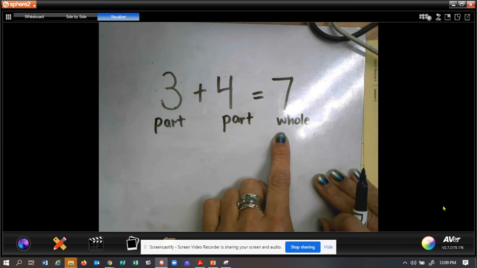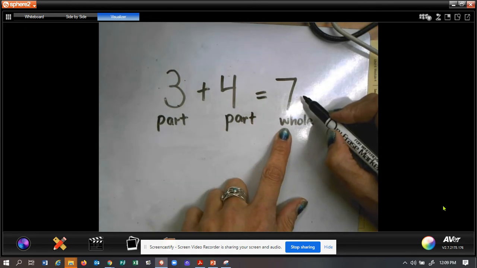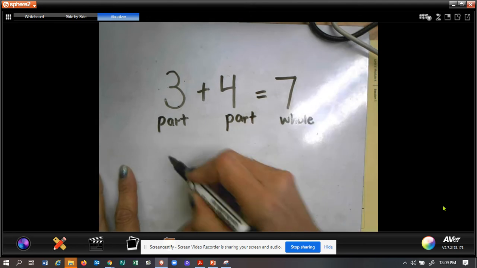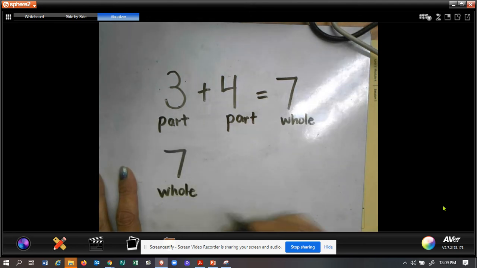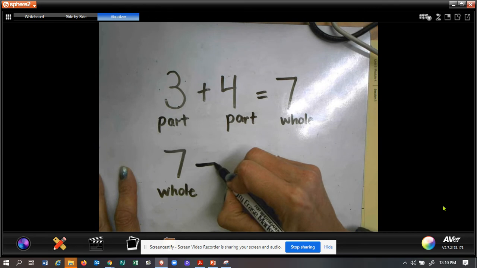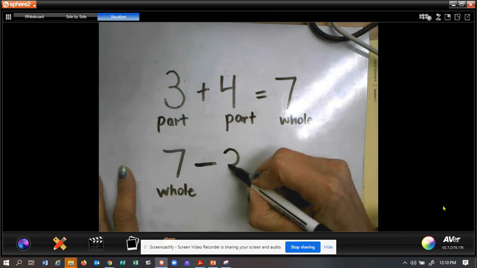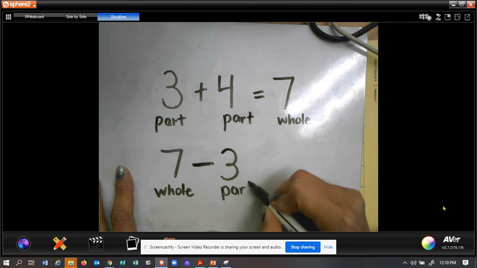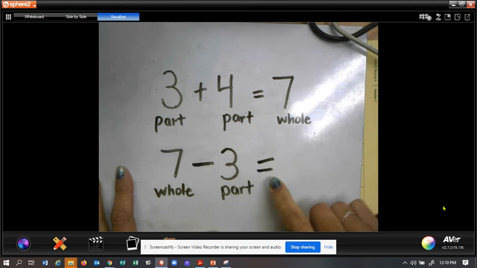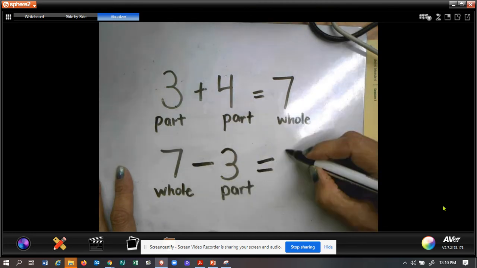But in subtraction, you start with the whole amount, 7, and you take away a part, let's say the 3, and what's left, or what that equals, is the other part.